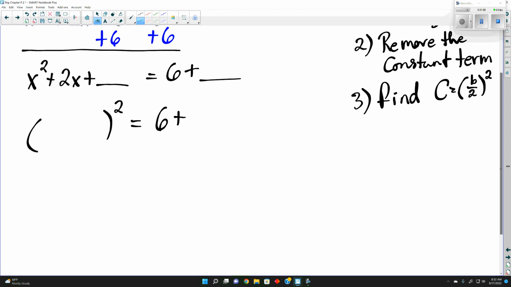Well, if we look at this here, what's the value of b? 2. So c is equal to 2 over 2 squared. Well, 2 divided by 2 is 1, and 1 squared is 1. So what that tells us is this here is a perfect square trinomial that we can rewrite as a set of parentheses squared. It's the same thing multiplied by itself.